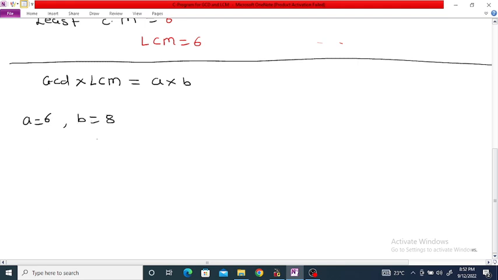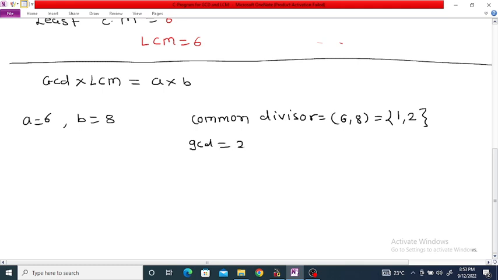So what is GCD here? The common divisors of 6 and 8 are 1 and 2. So GCD is equal to 2.